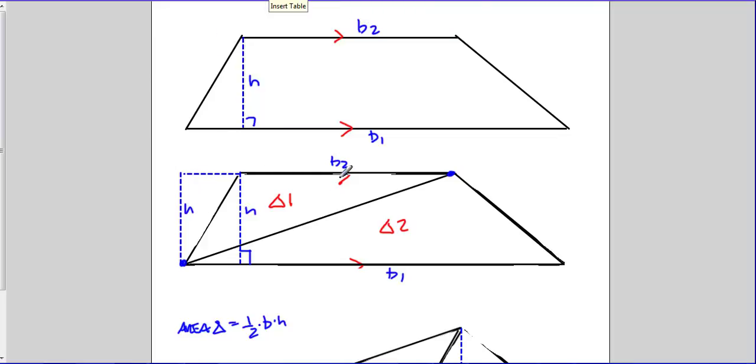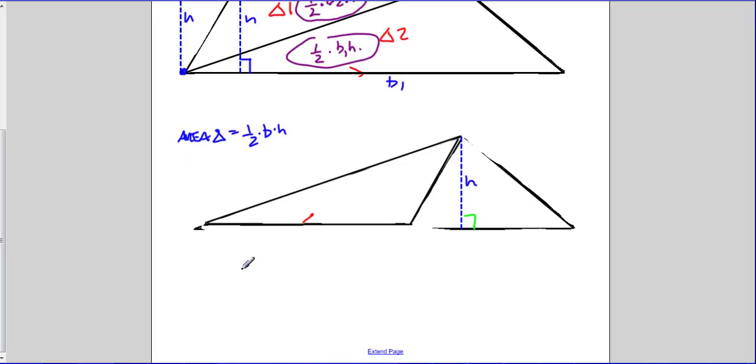So the area of triangle 1 is going to be specifically 1/2 times the base, which is b sub 2, times the height, which is h. The area of triangle 2 is 1/2 times b sub 1 times h.